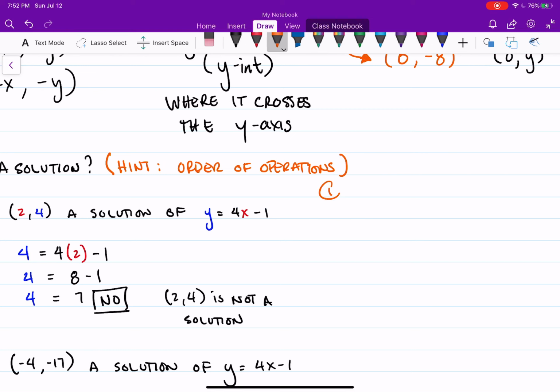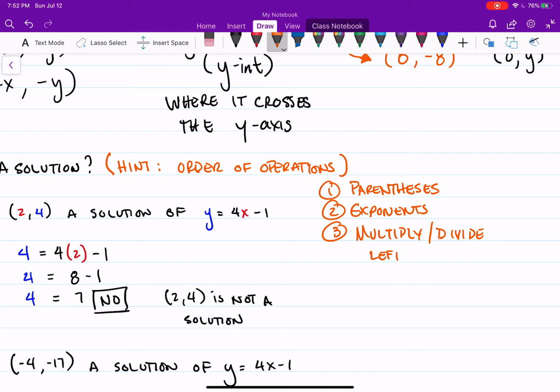Remember, first, you have to do your parentheses. Second, you have to do your exponents. Third, you have to multiply or divide from left to right.